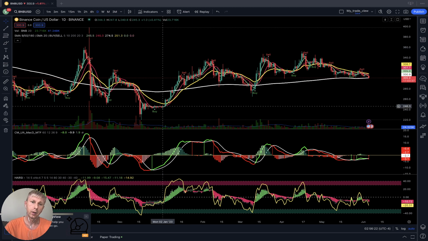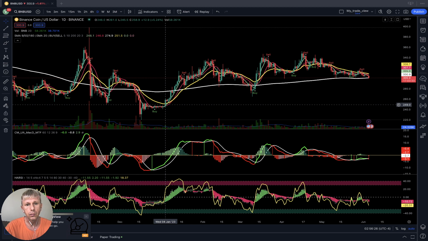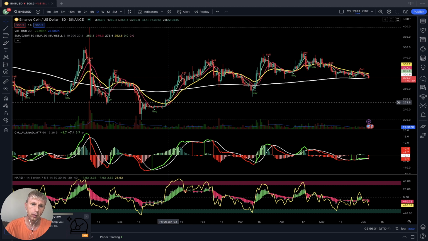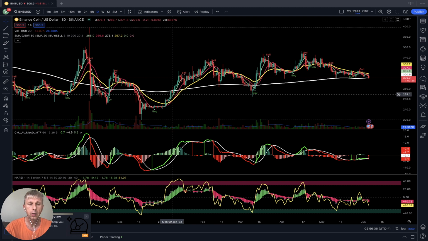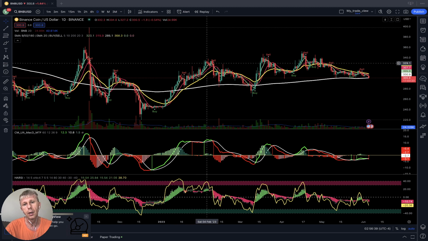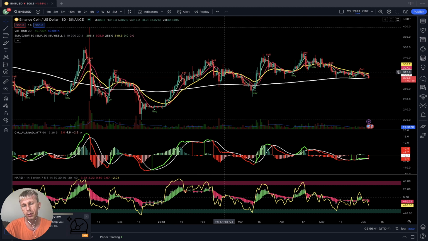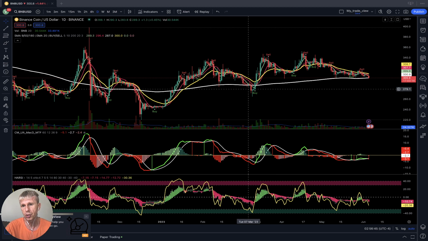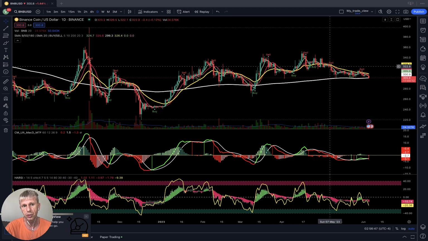Look at it. When bars and MA5 and 10 do a bullish crossover over the yellow line, right? When the bars and MA5 and 10 are above the yellow line and the yellow line is in an uptrend, it is a bullish trend. When the yellow line and bars are below the yellow line and the yellow line is in a downtrend, it is a bearish trend. Each time bars are below the yellow line, it's a bearish trend.